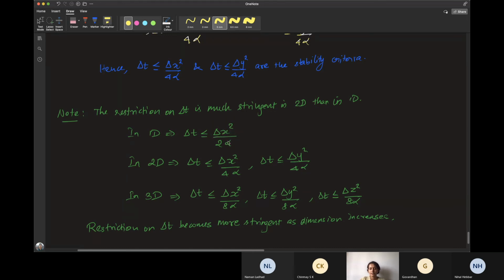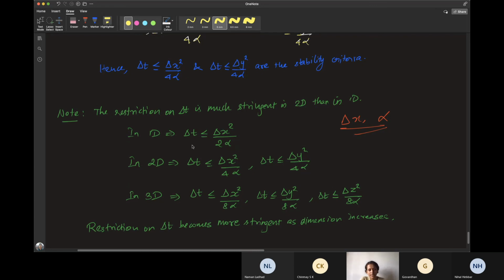So for the same delta x squared and alpha, that is for the same grid size delta x and the same alpha, if you increase the dimension of the problem, then your delta t is going to be more stringent. So your delta t has to be smaller when you increase the dimensions.